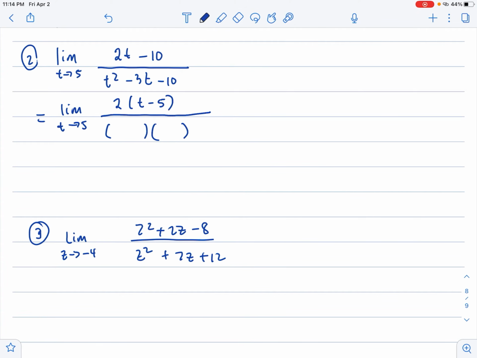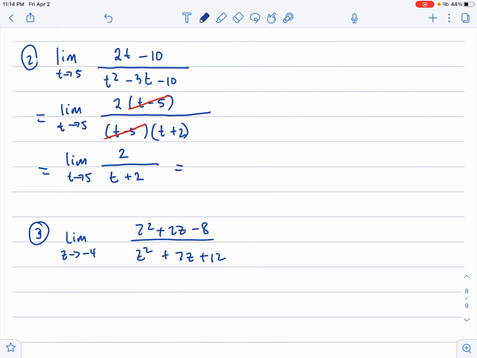Since negative 3t siya, so this is t minus 5 times t plus 2. Kasi magiging minus 5t plus 2t, magiging negative 3t. And from here, we can cancel, which means that this is equal to the limit as t approaches 5 of 2 over t plus 2.